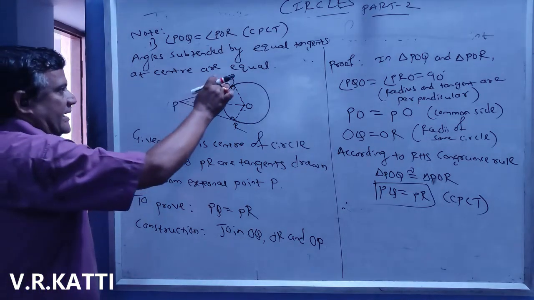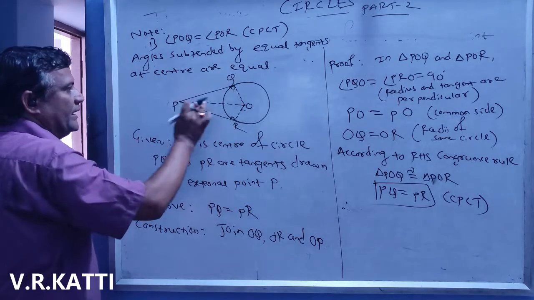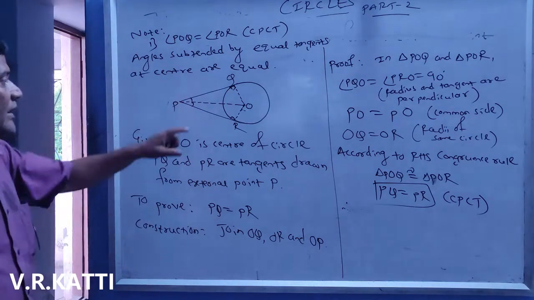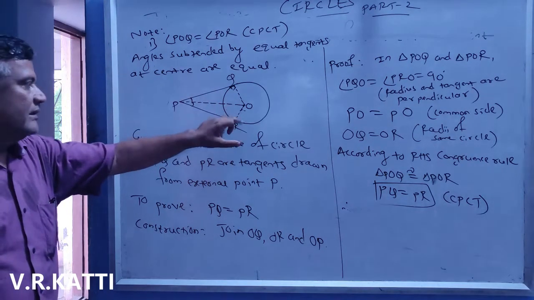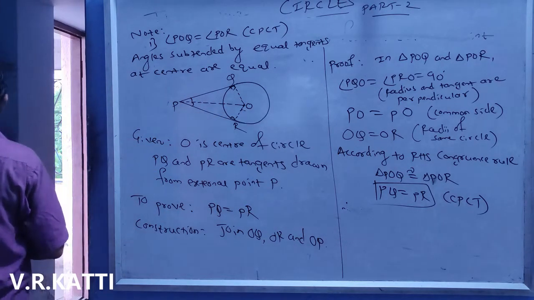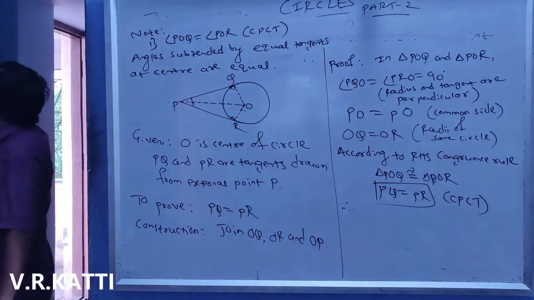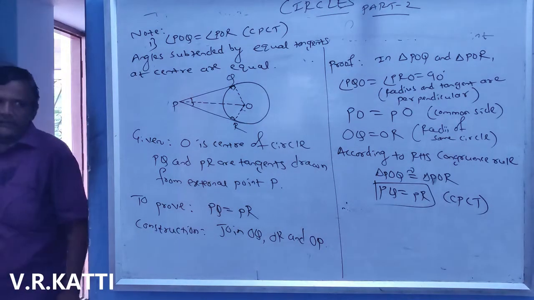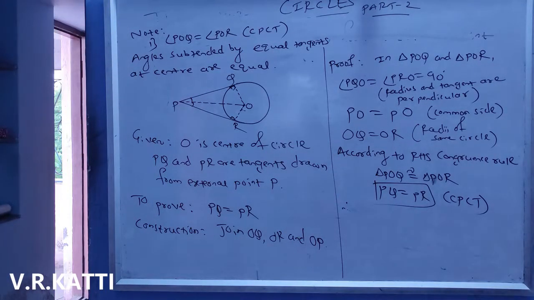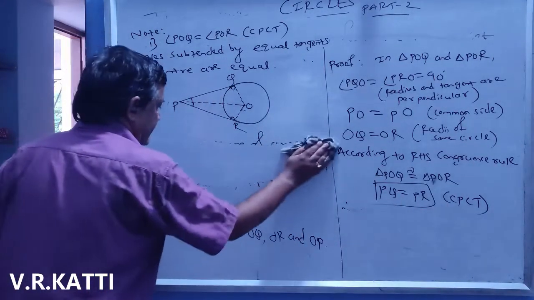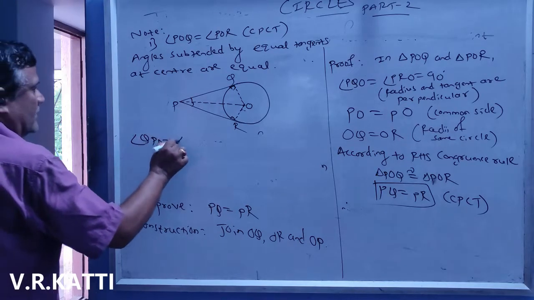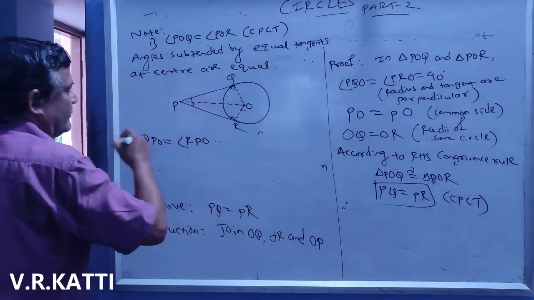The second point is, see here, angle QPO equals angle RPO. QPO in the first triangle, RPO in the second triangle. So here, students, angle QPO equals angle RPO.